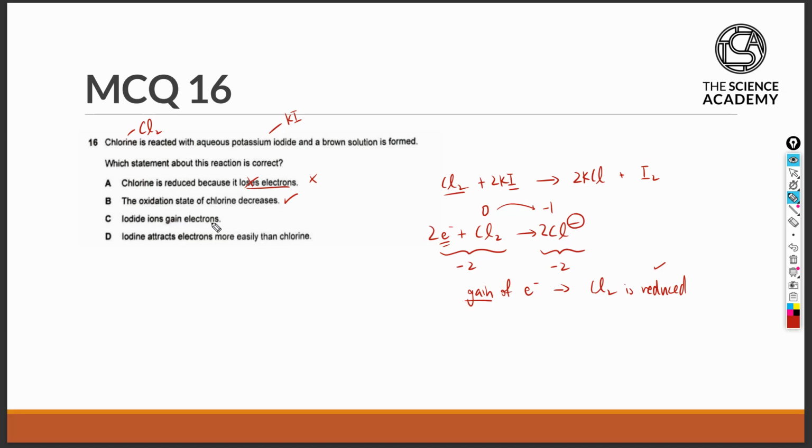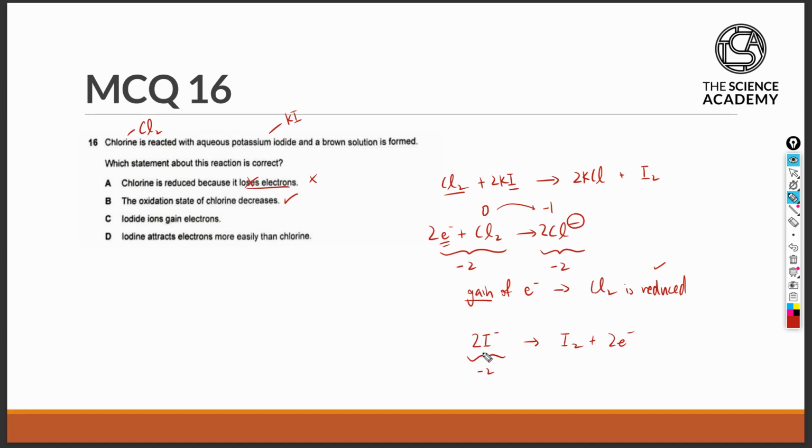The iodide ions gain electrons. Let's write the half equation for the conversion of iodide ions into iodine. We see that there are 2 atoms of iodine on the right side of the equation, so we have to balance it out with 2 moles of iodide ions on the left, and balancing out the -2 charge on the left hand side will lead us to add 2 moles of electrons on the right hand side.